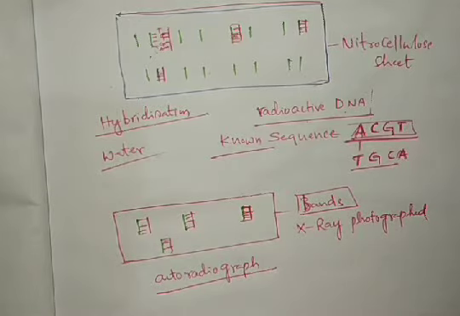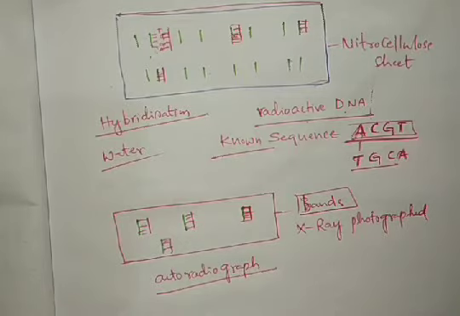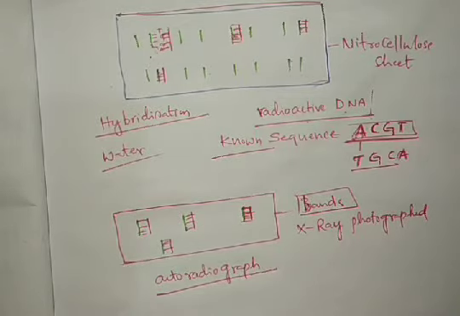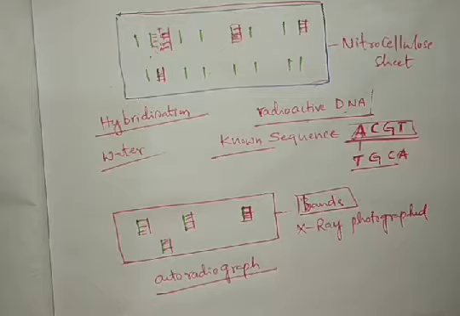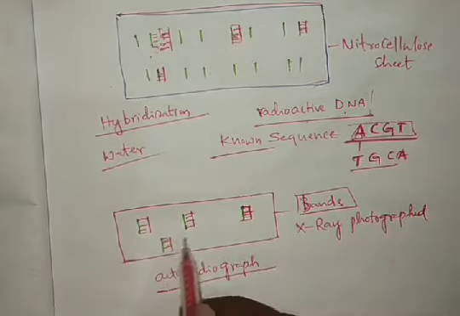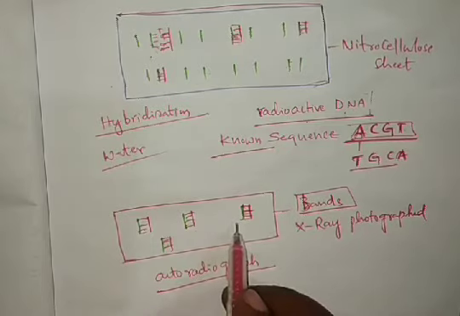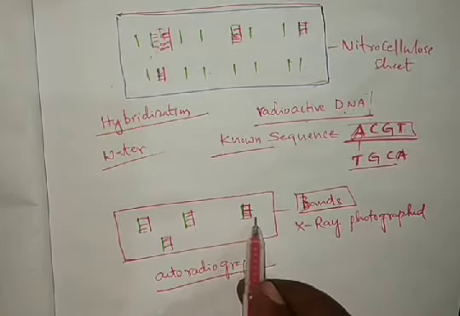The position and number of such dark bands on the autoradiograph are unique to a person and vary from person to person, like DNA fingerprints.